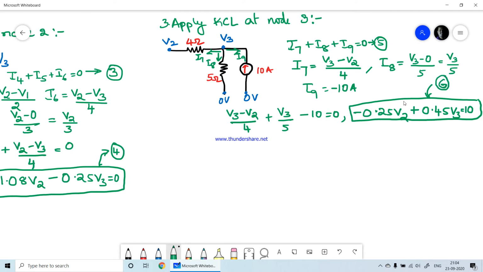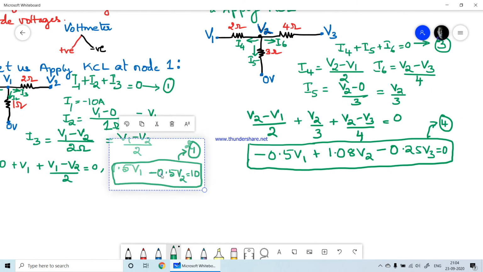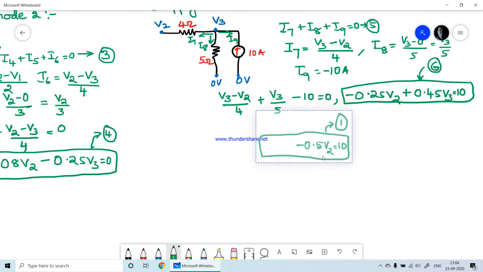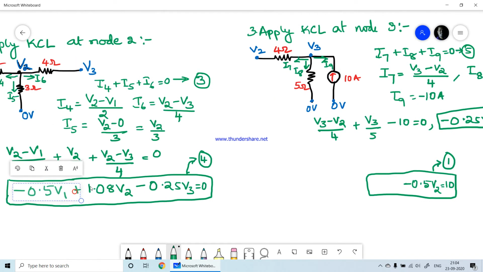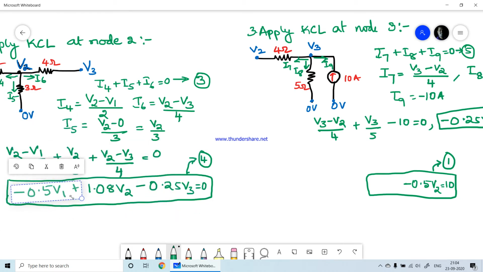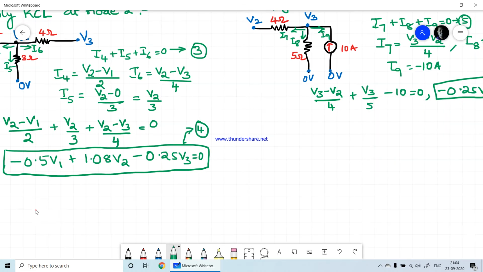Okay, now I got three equations in terms of V1, V2 and V3. I'll just take those three equations now. One is this equation, and then I'll take this equation. I'll just write these three equations.